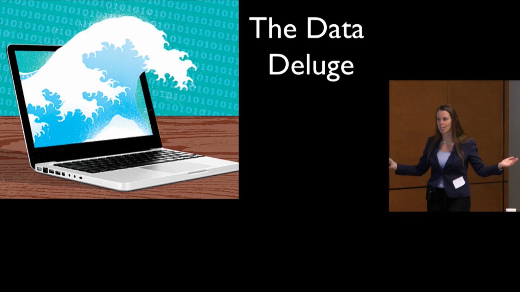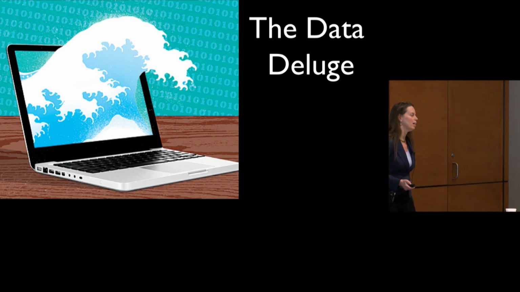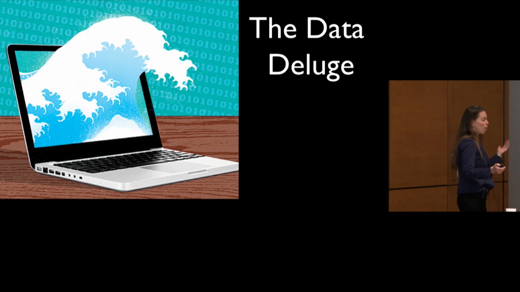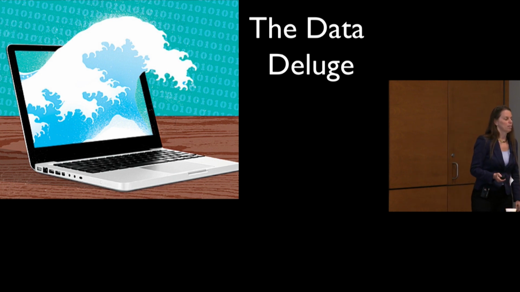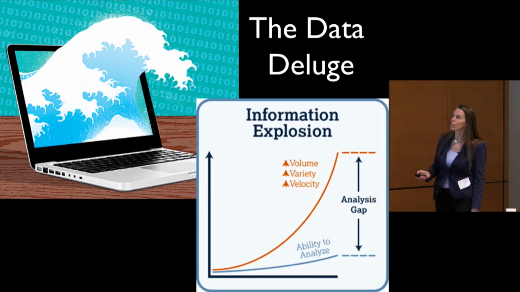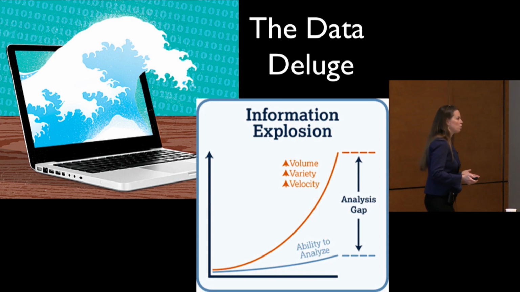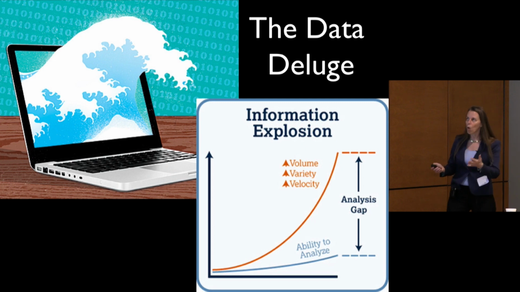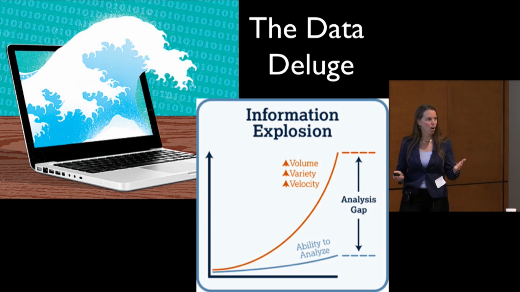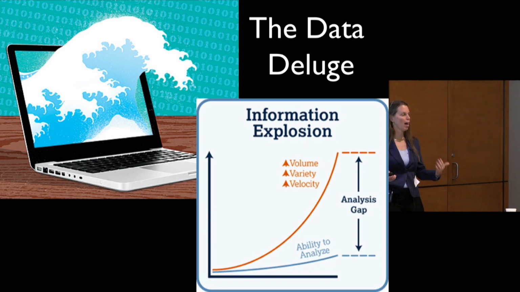Okay, so we're wading and drowning in what we call the data deluge. And the issue then becomes, it's not just a question of storing all of that data, it's how can we keep up with it in terms of analysis.